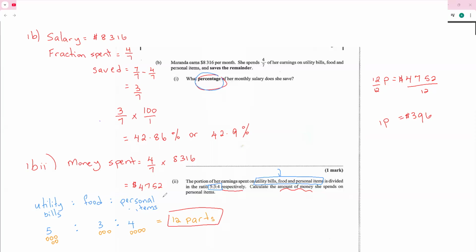Food received 3 and personal items received 4. We had to use the information that we know. We know that all the money was $4,752, and we broke it up into 12 equal parts. So we use that information to find out how much is in one of these parts.